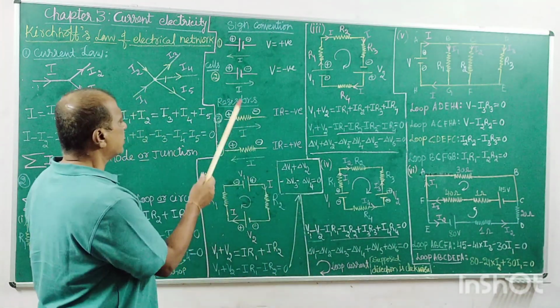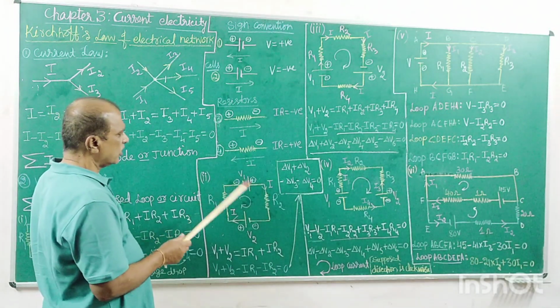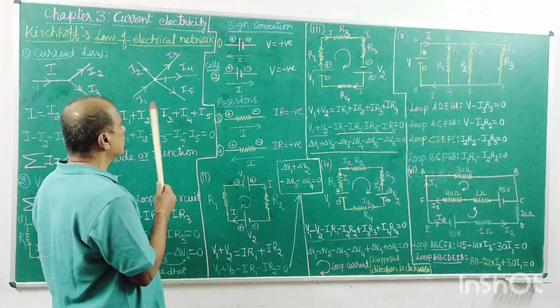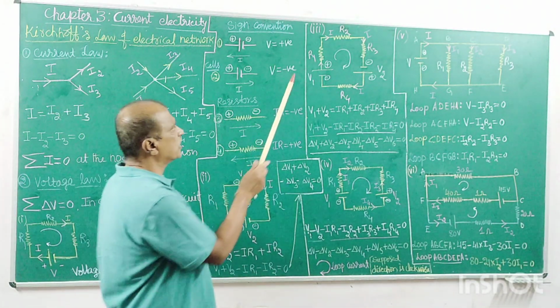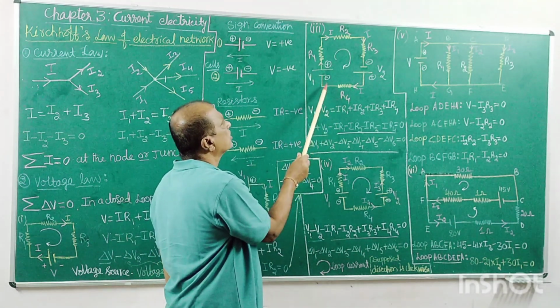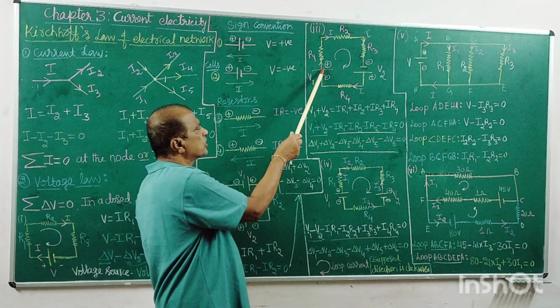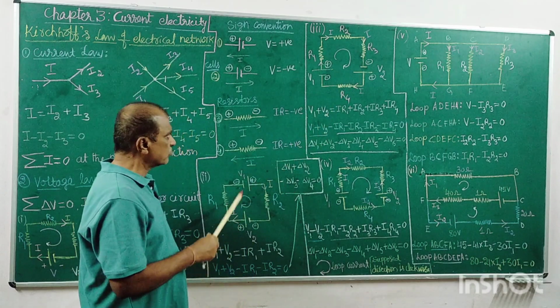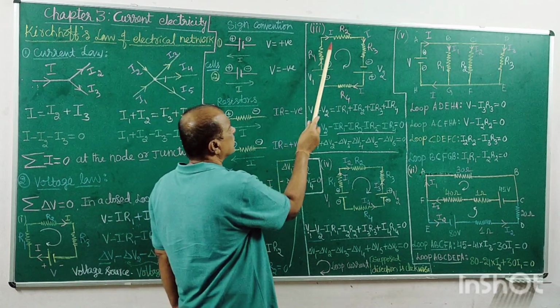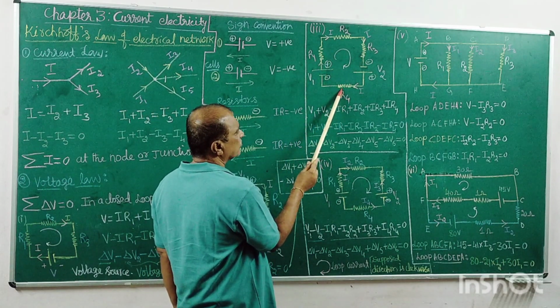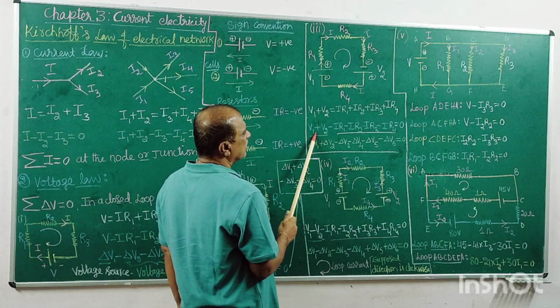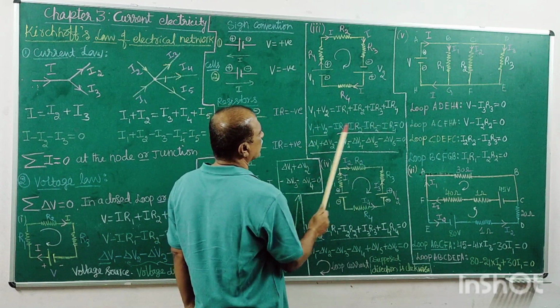Next, let us apply the second law to other loops like this. The same kind of loop here: two cells are connected in the same fashion and the number of resistors is increased. Write the voltage law.